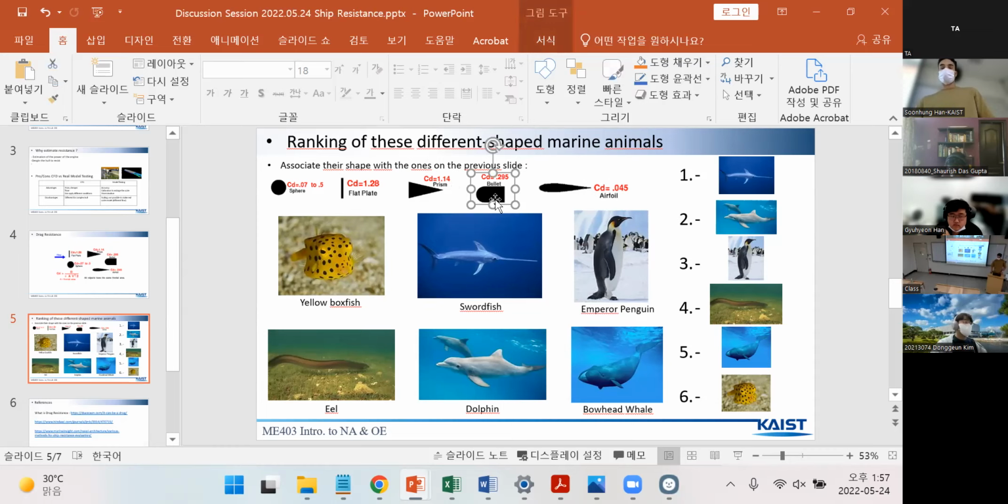This one. Yes. And the other. I think the swordfish and the dolphin both are like aerofoils.